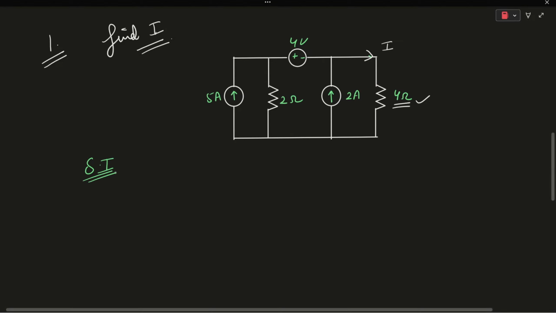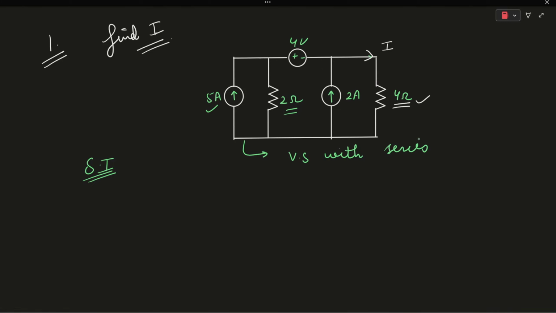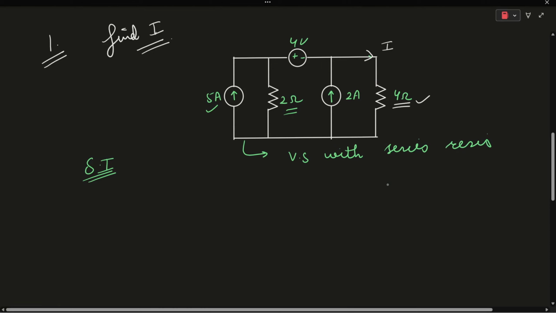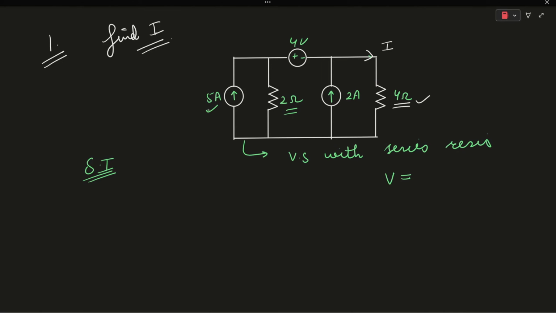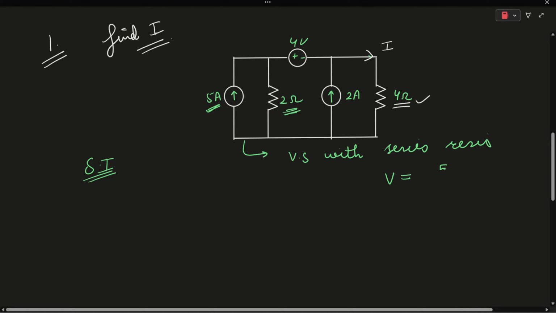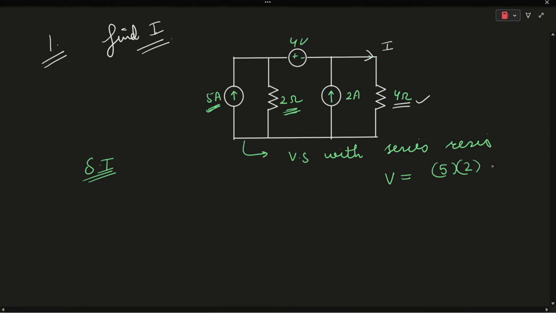As you can see, this 5 amperes current source and 2 ohm resistor are connected in parallel, so they can be converted into a voltage source with a series resistance connected to it. The value of the voltage source V will be equal to this current I into this resistance R, which is 5 into 2, equal to 10 volts.